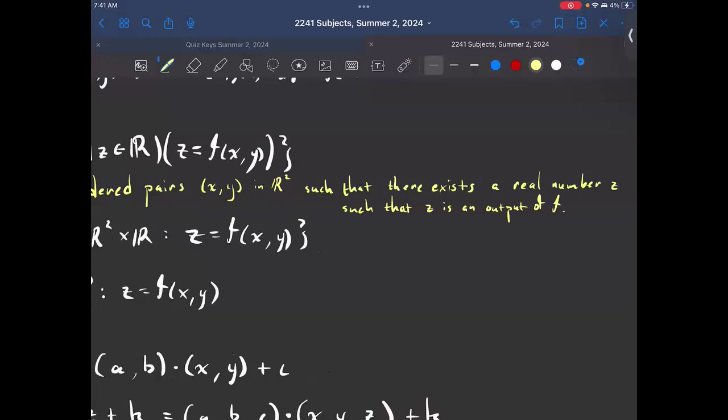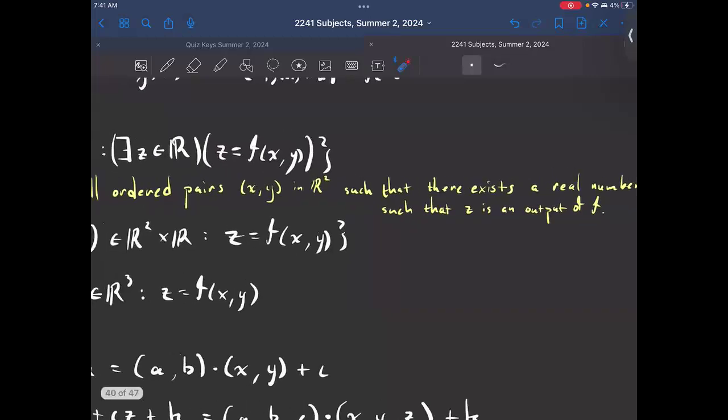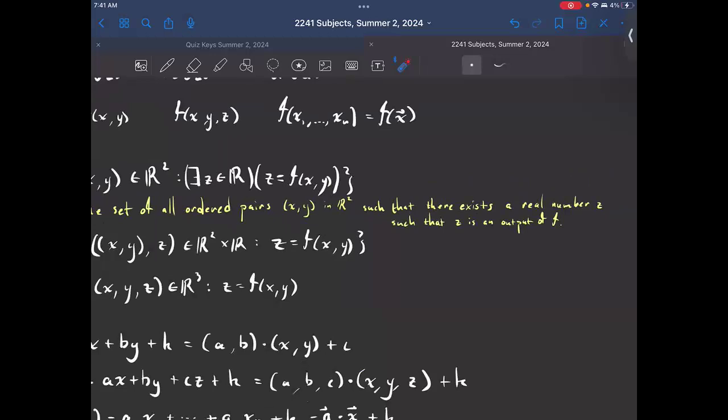So you take f and you apply it to this ordered pair xy and you get out z. And xy is the solution to this equation. Okay, so that's what that is supposed to be read like.